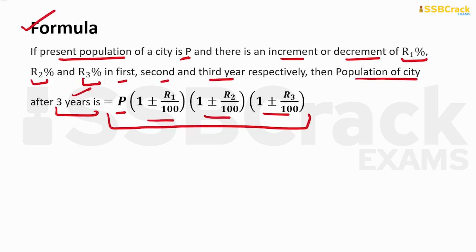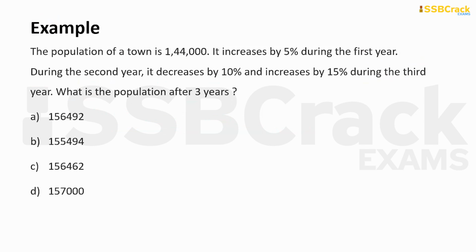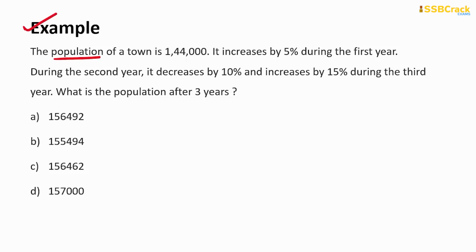So let's take an example based upon this formula. This is the example, and it states that the population of a town is 144,000, that is 1,44,000. If it increases by 5% during the first year, during the second year it decreases by 10% and increases by 15% during the third year, then what will be the population after 3 years?